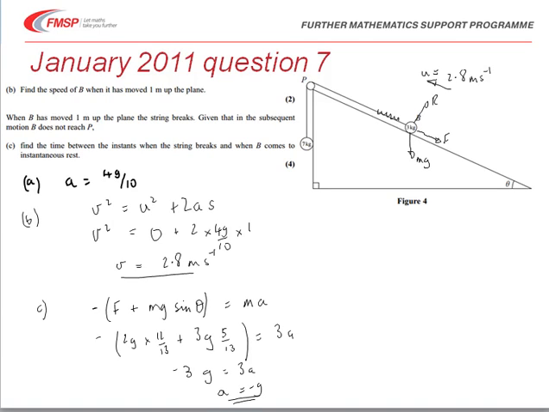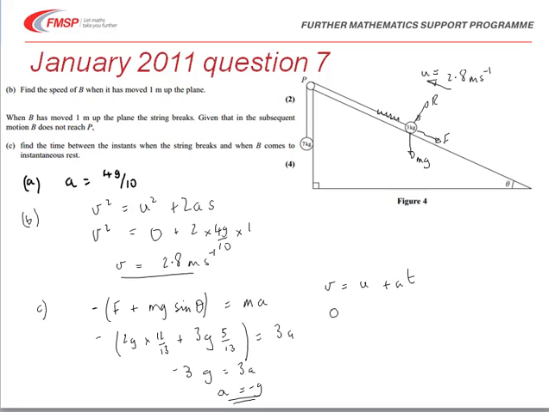In other words, it's decelerating with a magnitude of 9.8 meters per second squared. So we've got the value of u, we've got the value of a, and we want to know the time that it comes to rest. So at what time does v equal 0? In this part of the question, v equals u plus at.